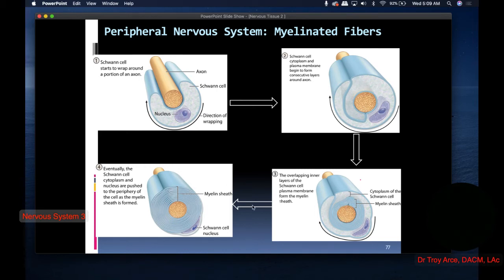Then over here, the Schwann cell cytoplasm and nucleus are pushed to the periphery of the cell as the myelin sheath is formed. So here's your Schwann cell to the outside, right? And then you have the myelin sheath that covers the axon itself. So this is completely formed here.